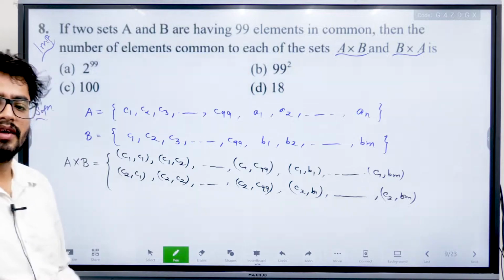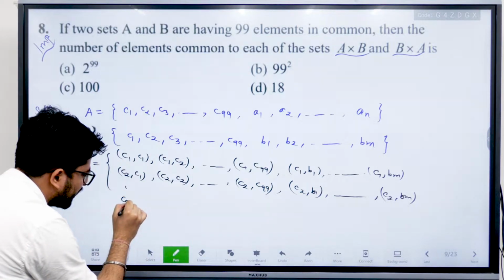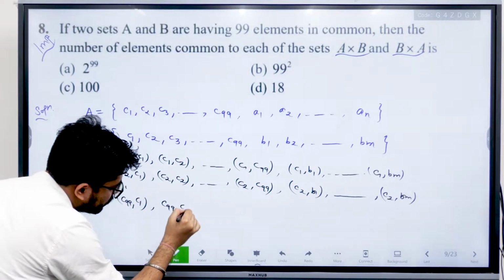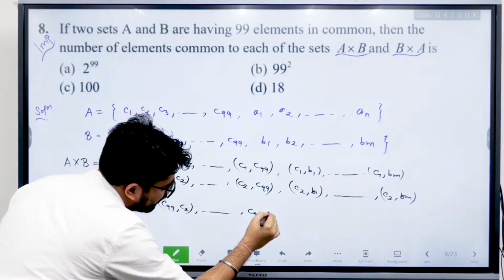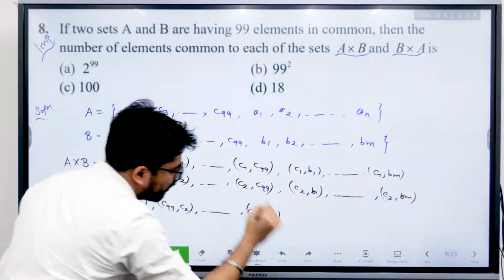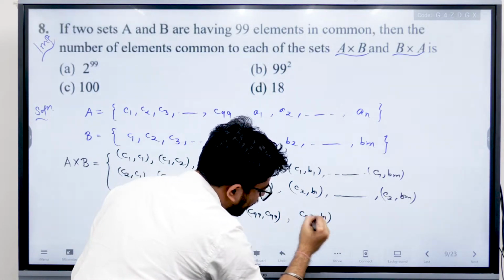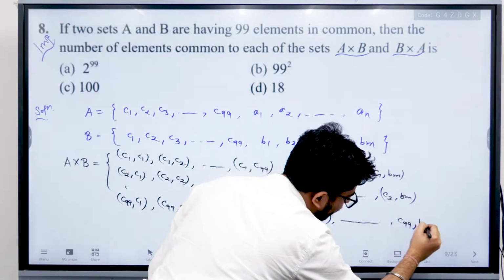Similar things you have till C99. So you have C99 C1, C99 C2 and so on C99 C99, C99 B1 and so on C99 Bm.